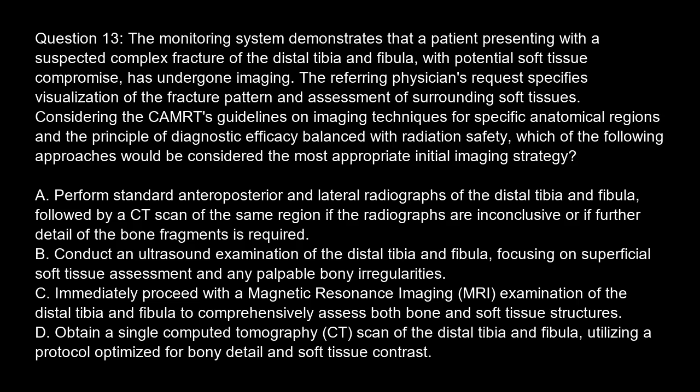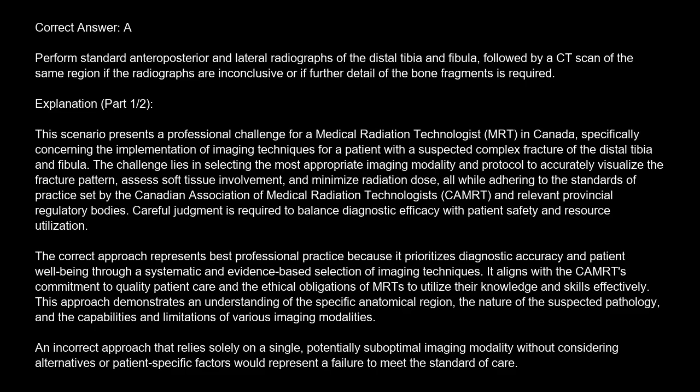Option C. Immediately proceed with a magnetic resonance imaging, MRI, examination of the distal tibia and fibula to comprehensively assess both bone and soft tissue structures. Option D. Obtain a single computed tomography, CT, scan of the distal tibia and fibula, utilizing a protocol optimized for bony detail and soft tissue contrast. The correct answer is A.